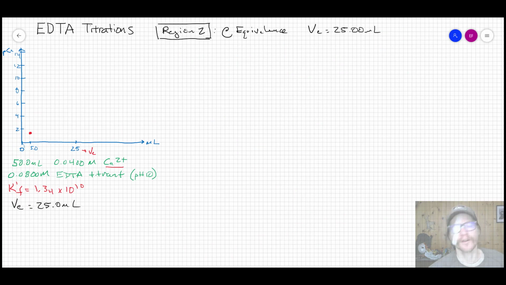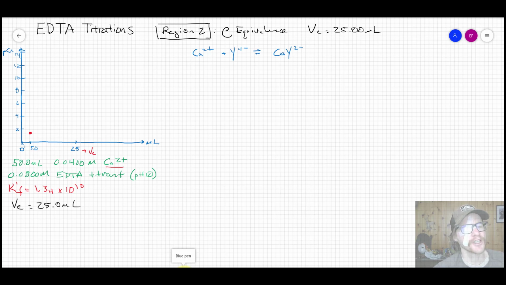Okay, so the next point on the curve is at the equivalence point, and we already determined the volume at equivalence, which was 25 milliliters. As always, I'm going to ask you at the equivalence point, what do we have in solution? So let's write up our original expression here. We had calcium 2+, and we're adding EDTA, and by convention assuming that's in Y4- form, and that's in equilibrium with the complex, CaY2-.